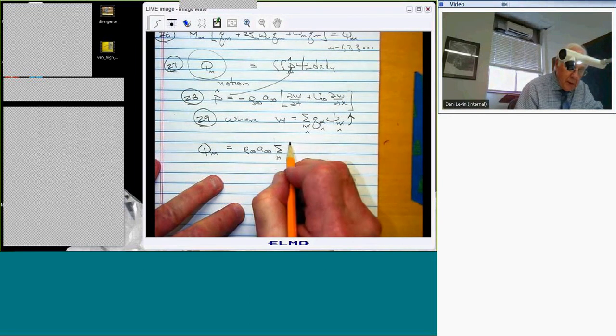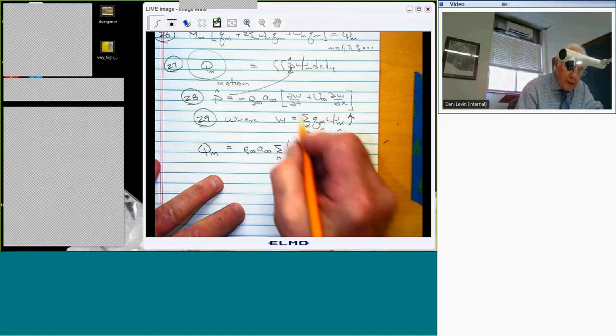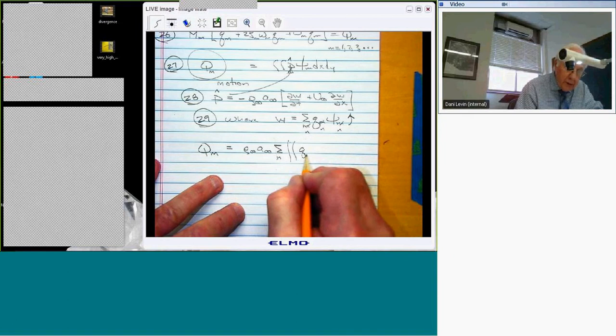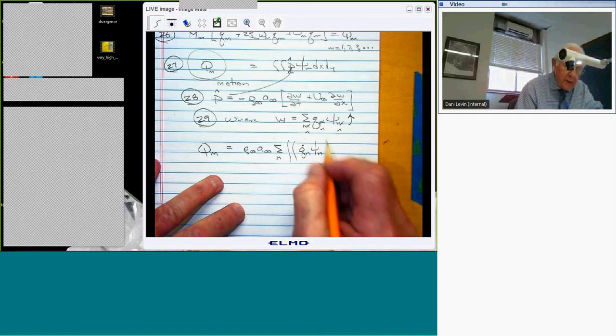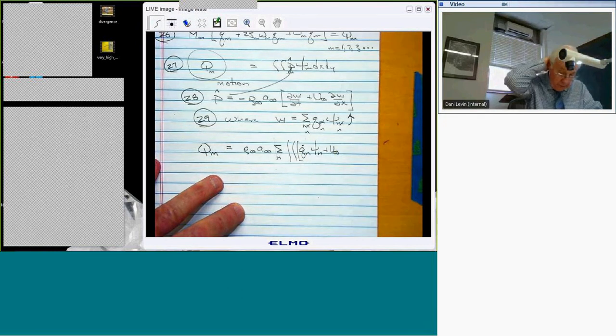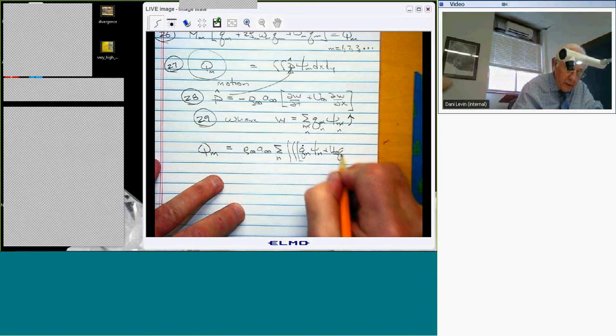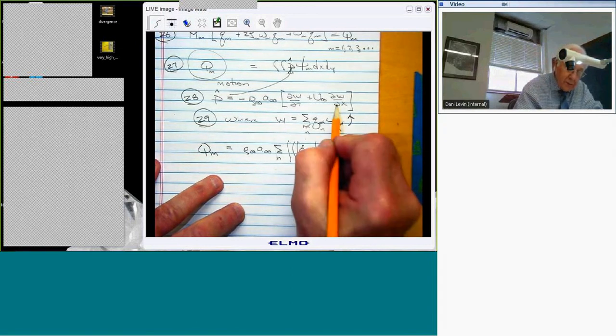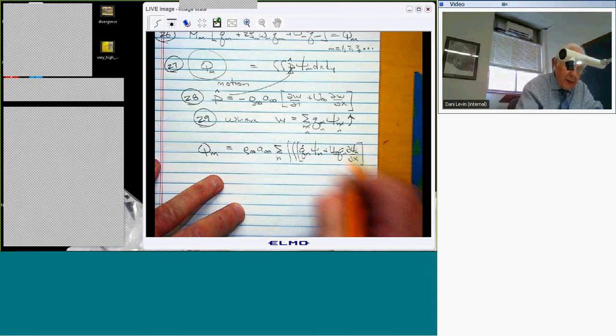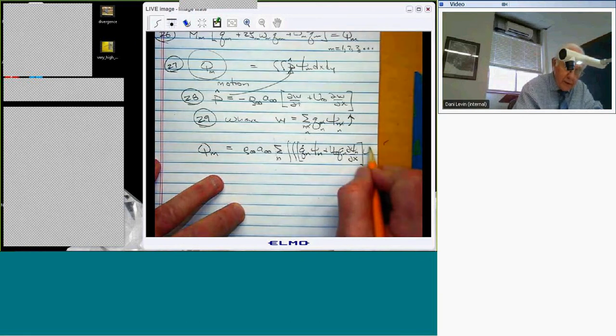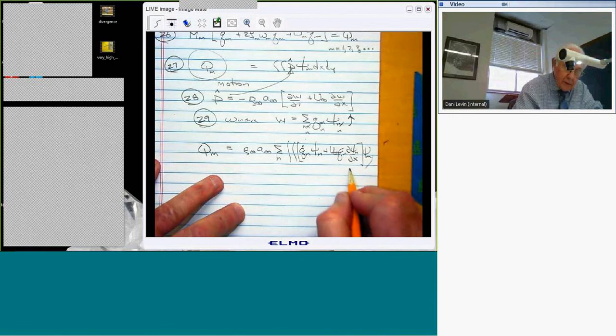And then I'll have an integral of q_n dot psi sub n, from this term, plus u infinity q_n d psi sub n dx, from this term, and all gets multiplied by psi sub m because of that, and then dx dy. Okay?